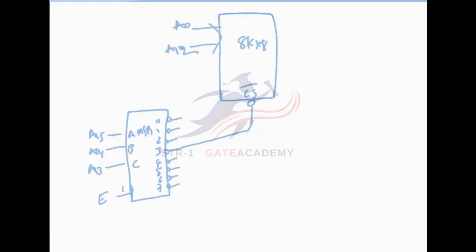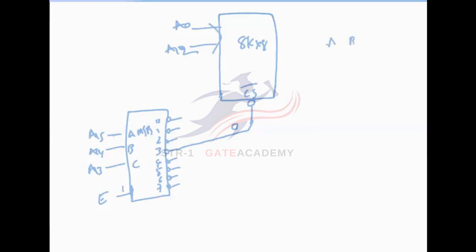See, all these are active low outputs. Active low outputs means according to the input combinations, at a time only one output should be 0. Now according to our connection, which output we require 0? Third line. So third line means your ABC locations.